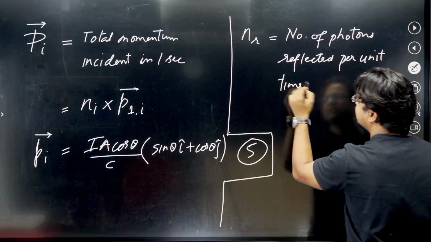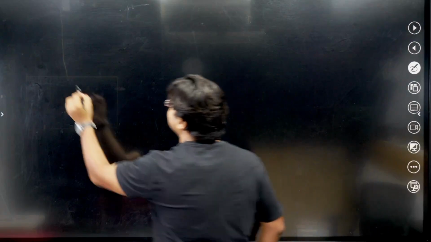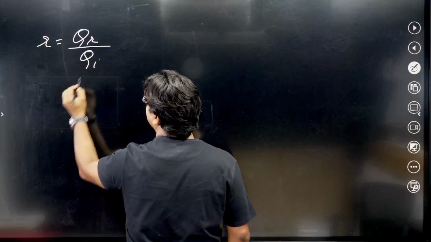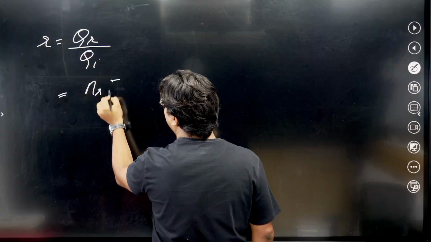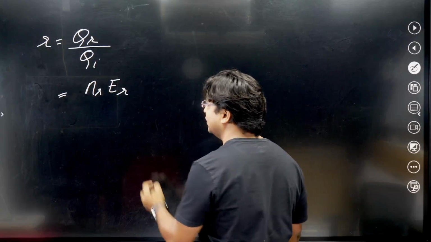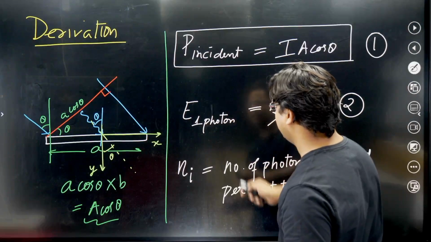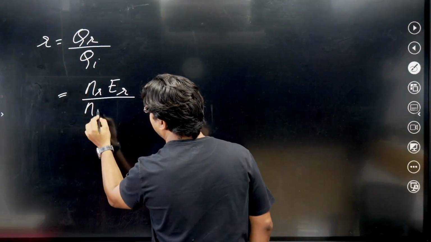To write this, we are going to make use of the reflection coefficient. We know that the reflection coefficient is reflected energy by incident energy. So I should be able to write it as NR into the energy of one reflected photon, Er, divided by Ni into Ei.